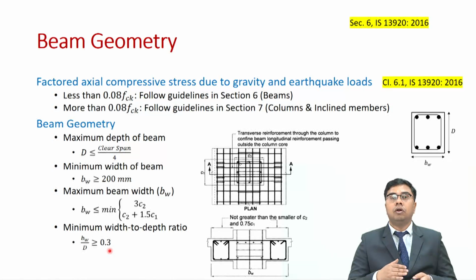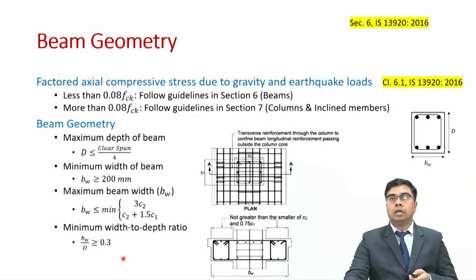So, you will always have the depth larger than the beam width, but the beam width cannot be smaller than 30% of the beam depth. Typically, if you have some experience in designing reinforced concrete buildings, you will say that this will always be followed.